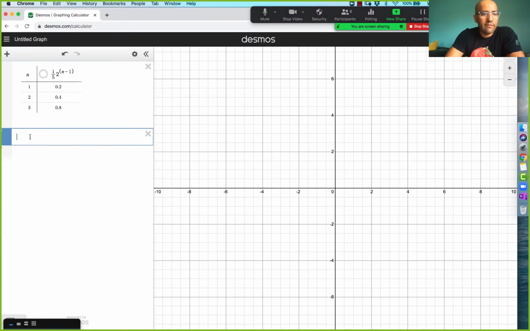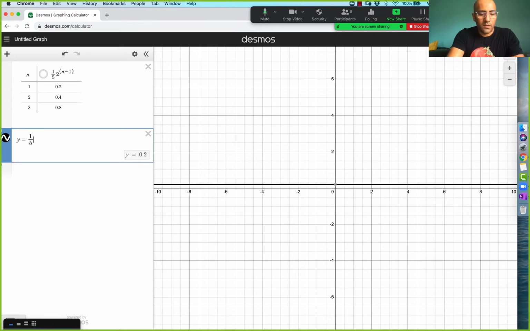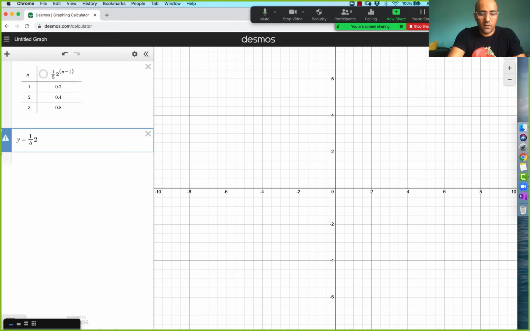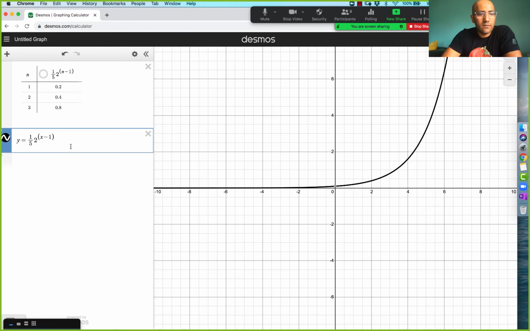Now let's graph the function version of this. So what if we had y equals 1/5, 1 divided by 5, and then 2 to the power of x minus 1, like that.